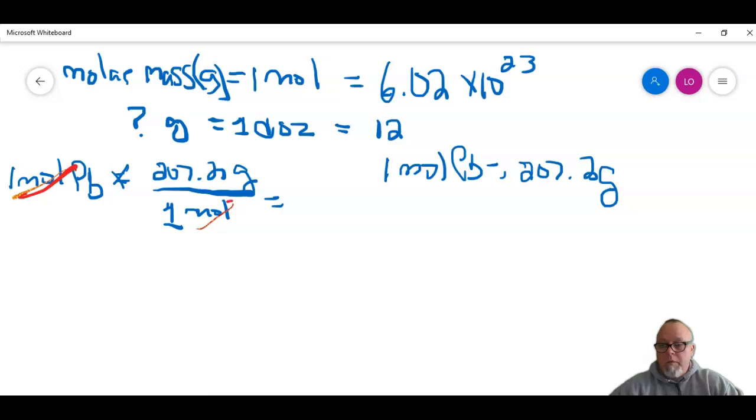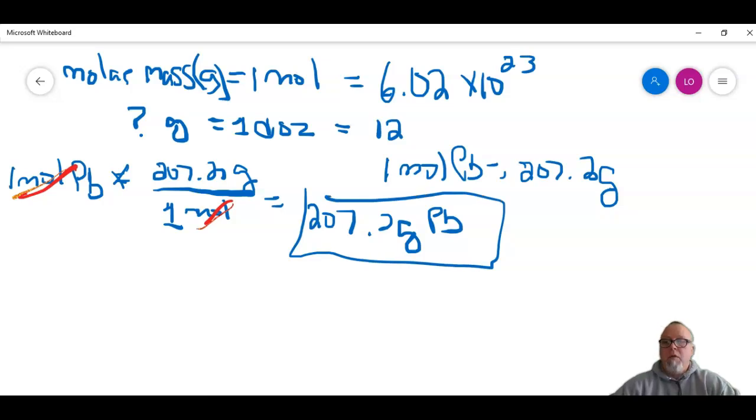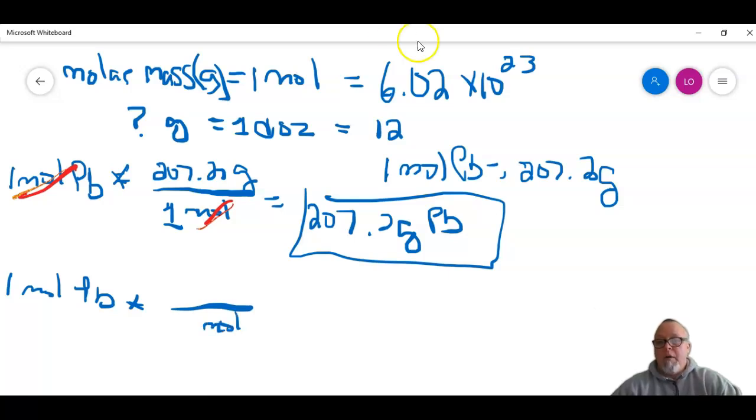Get rid of moles, so that would equal 207.2 grams of Pb. That's how we can go from moles to grams. Now, if I had 1 mole of lead and I want to know how many atoms there are, I multiply by atoms, with mole in the denominator.